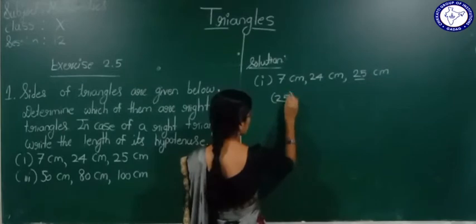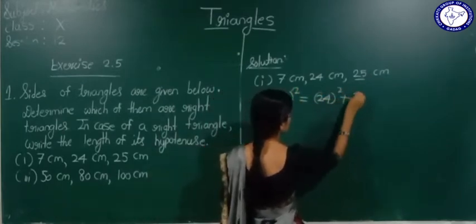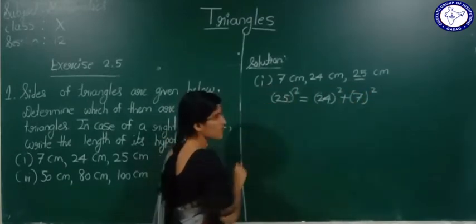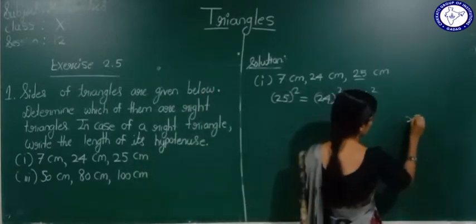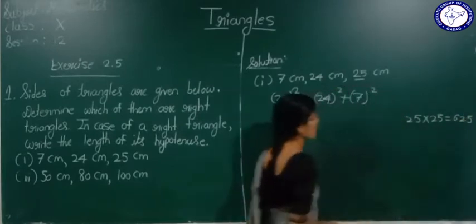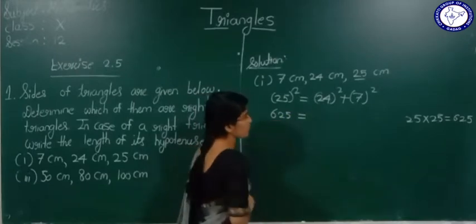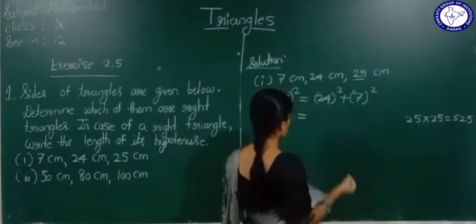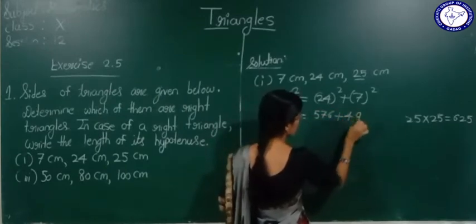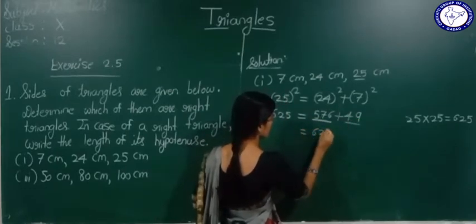Now see here, 25 square, and 24 square plus 7 square. 25 multiplied by 25 is 625. 625 is equal to 24 multiplied by 24, which is 576, plus 7 sevens are 49. 576 plus 49 is 625.